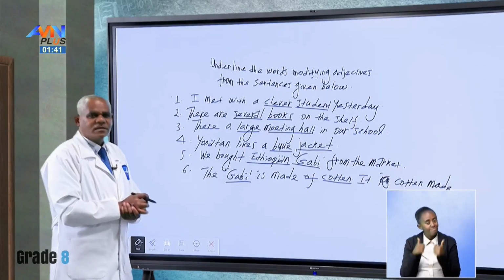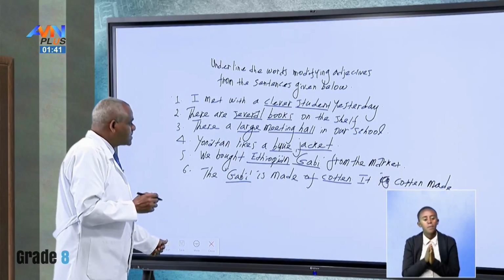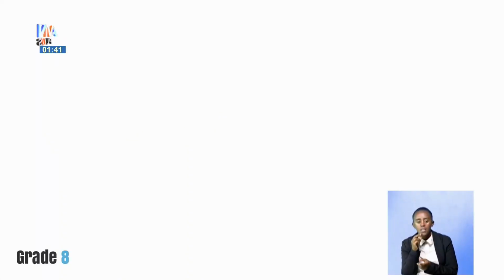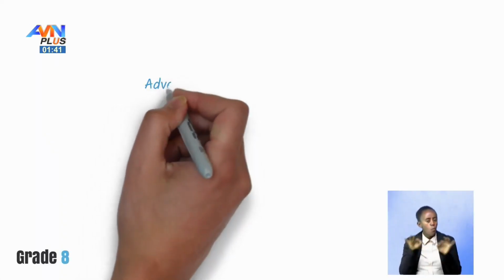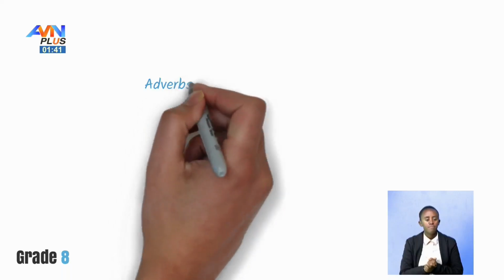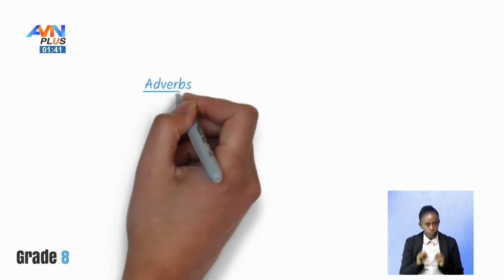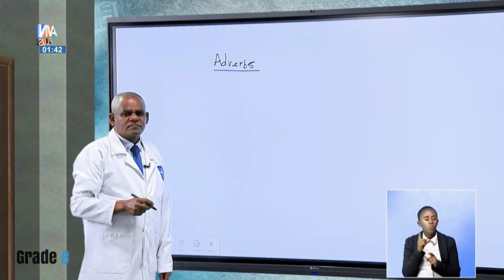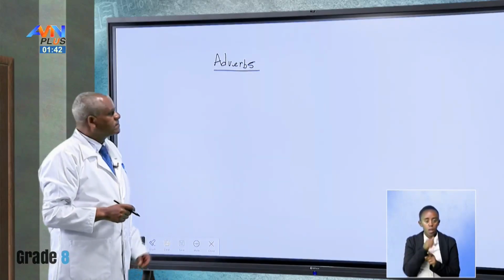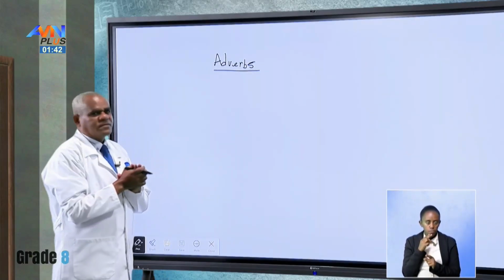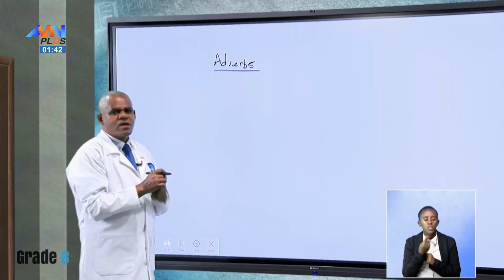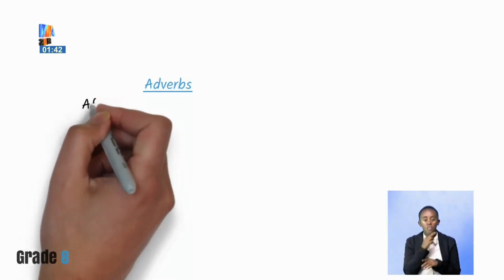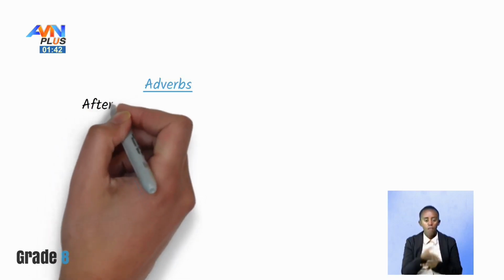That's interesting. Good. Let's go and see adverbs. Very interesting. A very important part of the language structure. Adverbs. What are adverbs? Of course, adverbs are different in their functions, okay? You are welcome to use adverbs after the verb. You see? After the verb.